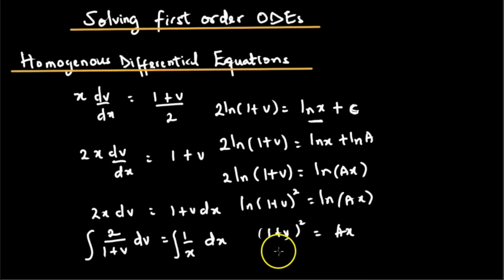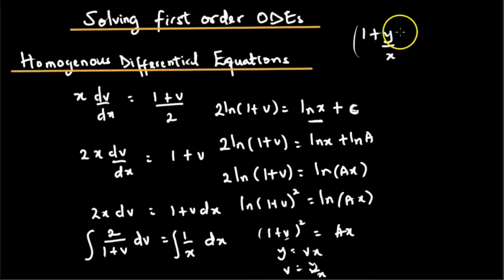Recall that you made y equal to vx, right? So v becomes y over x. Substituting y over x, it becomes 1 plus y over x all squared equals ax.